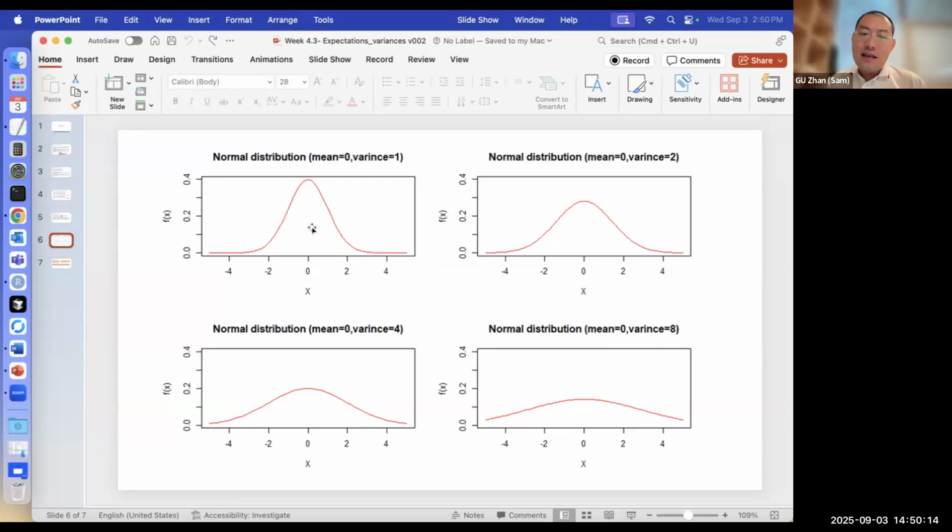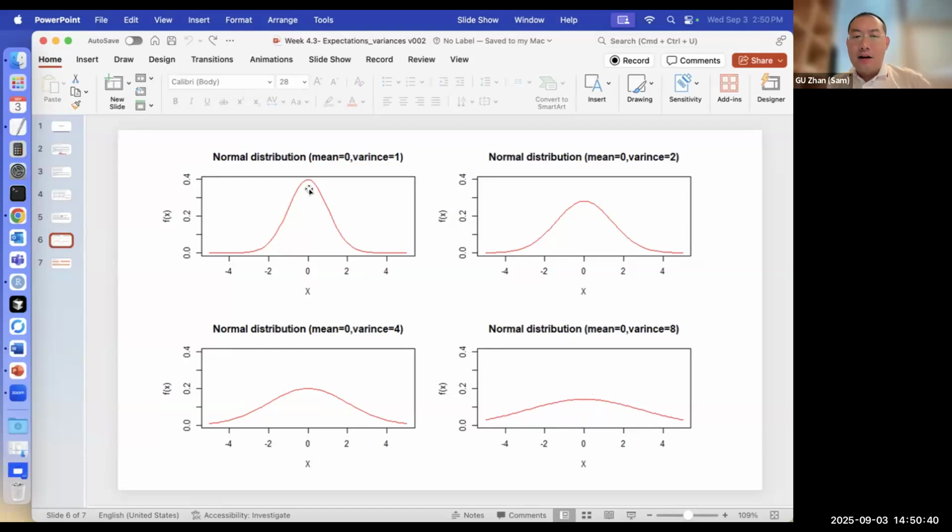The total area under the curve of these four functions must be 1. So when there is more area at the two tails, near -4 and +4, inevitably you need to compensate by reducing the area in the center.